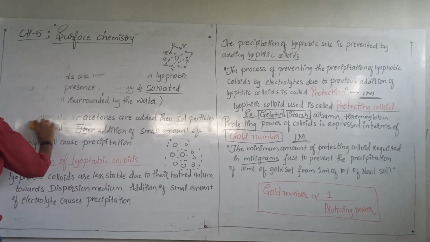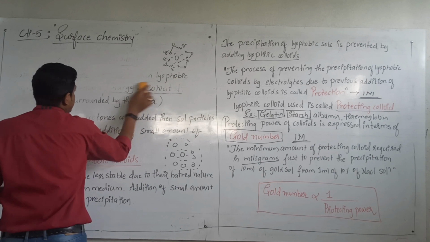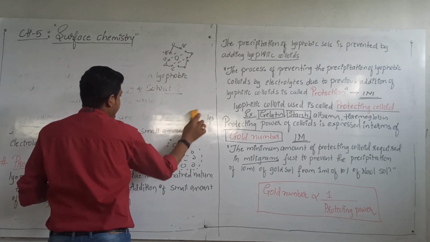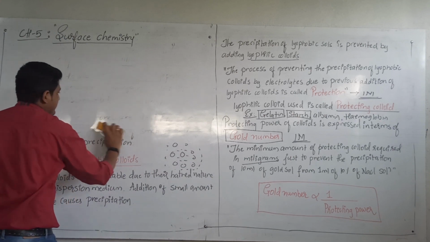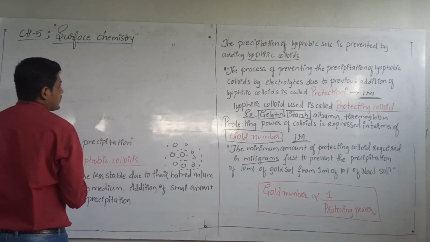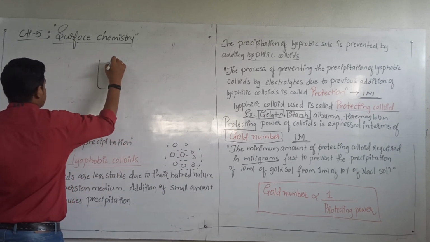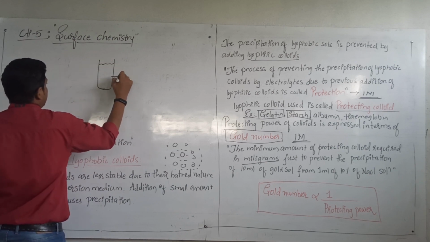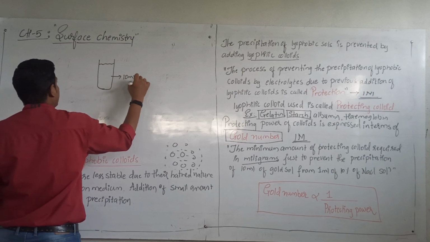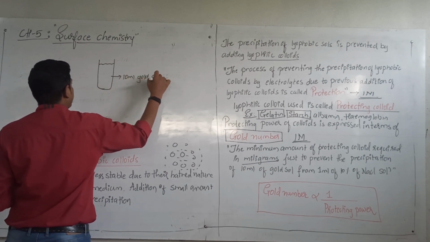Suppose I have 10 ml of gold sol with me. How much? 10 ml. Okay, suppose there is one test tube like this, and I have 10 ml of gold sol with me.